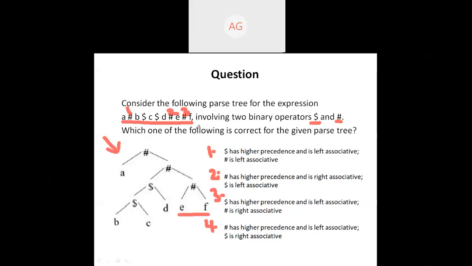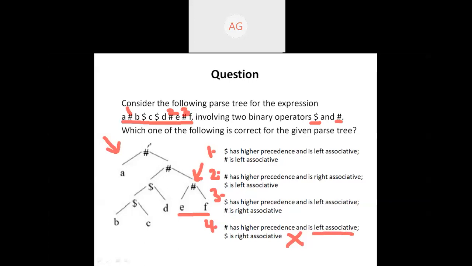So it means hash is having right associativity, because E hash F is evaluated first. So the fourth option, which is given by a student, is basically wrong, because in the fourth option it is given that the hash is having left associativity, but it is wrong because the hash is having right associativity.